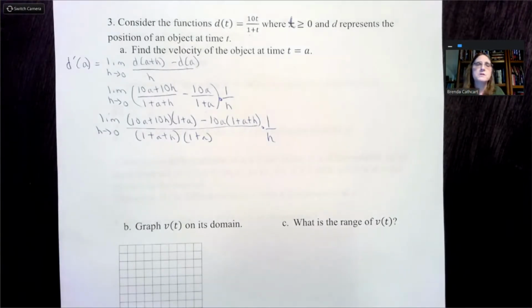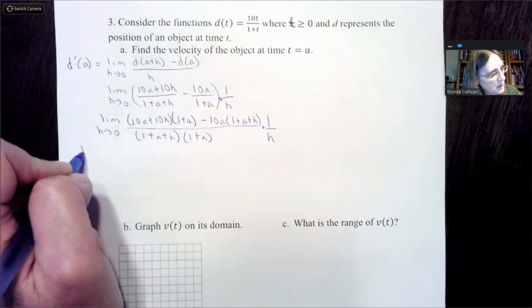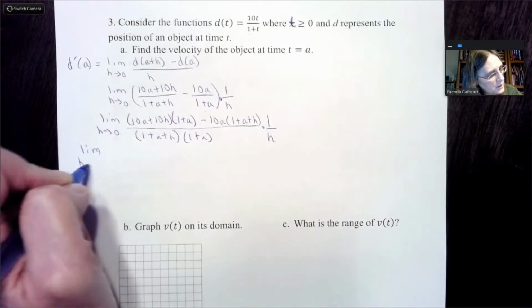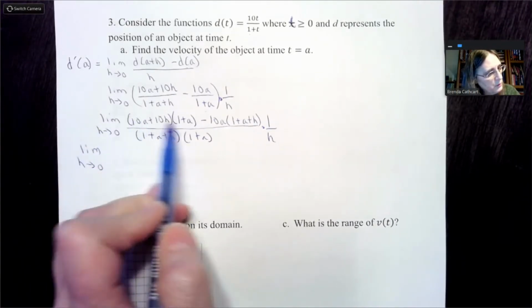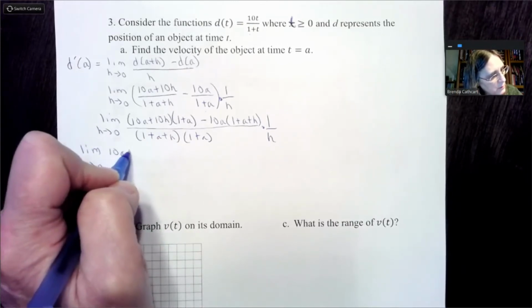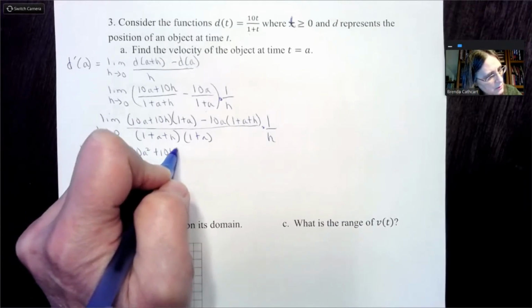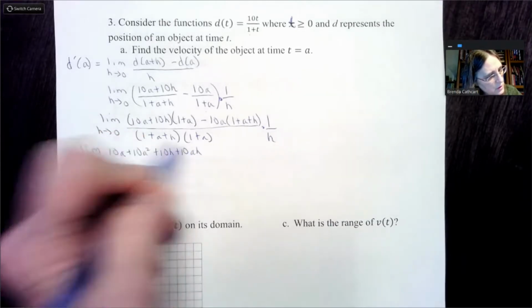Now comes the long step where we have to distribute, and the good news is after distributing a lot of these terms will add up to 0. So we're going to have the limit as h approaches 0, multiplying our two binomials. We have 10a plus 10a squared plus 10h plus 10ah.